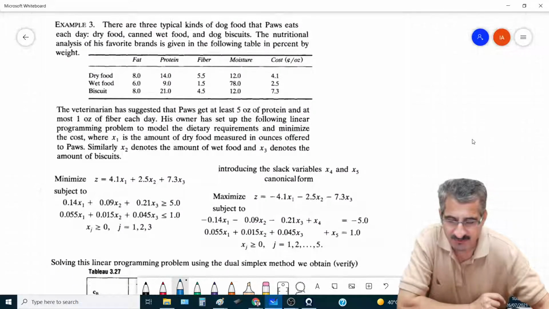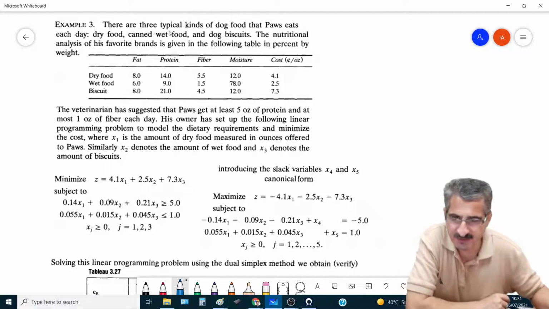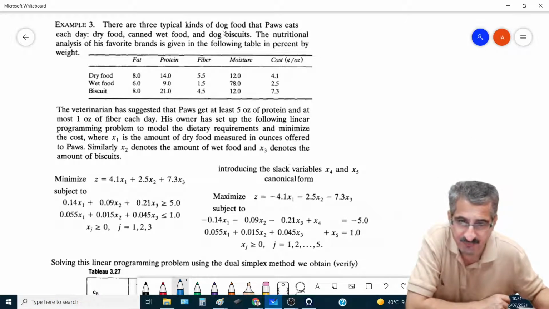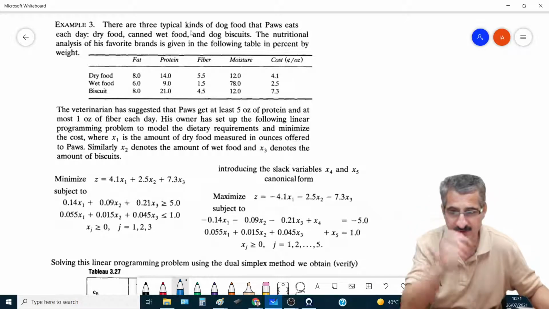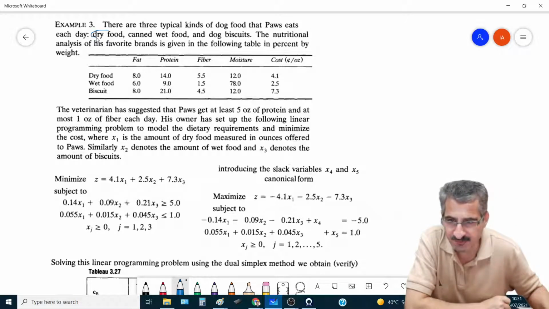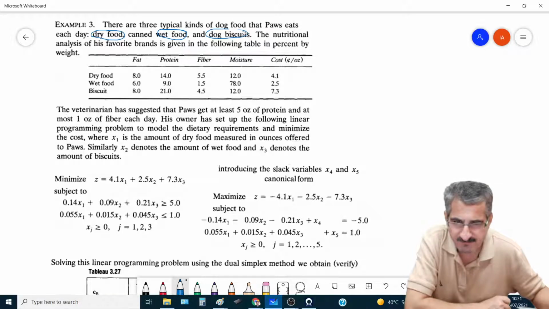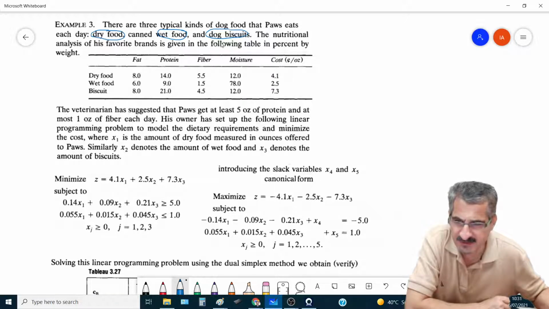Okay, so this example says there are three typical kinds of dog food that Paws eats each day. Okay, dry food, canned food or wet food, and dog biscuits. The nutritional analysis of his favorite brand is given in the following table in percent.